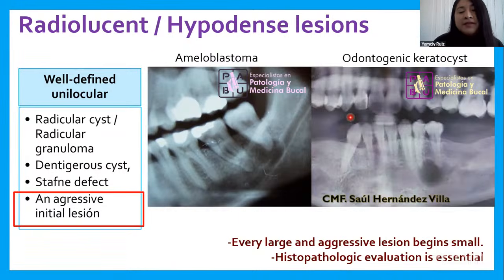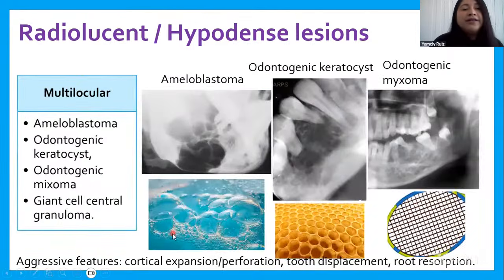And that's the importance of the histopathological evaluation. Because if you take this and throw it in the trash, well, you have another huge entity because you don't know what this entity is. So the histopathological evaluation is essential for these entities.